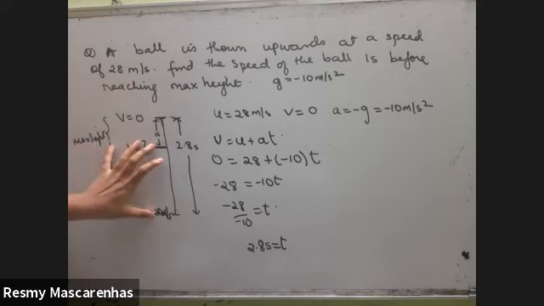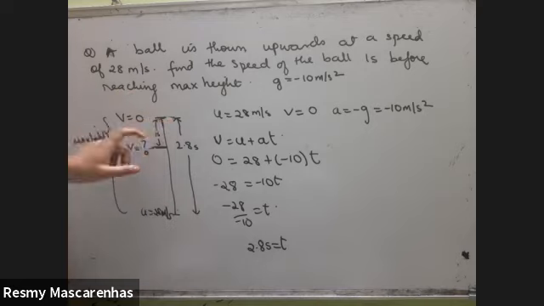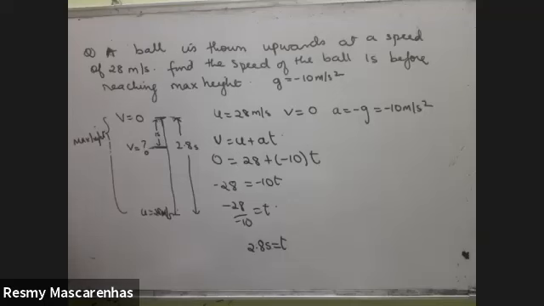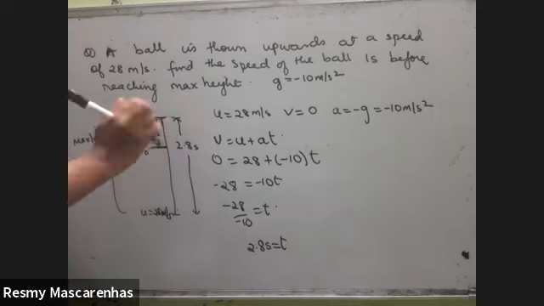How much will be the time 1 second less than 2.8? Full time is 2.8. I just want to know 1 second before that. So what will be the time over here? 1 second less than 2.8 is how much? 1.8. 1.8, yes. Because this full thing minus this.